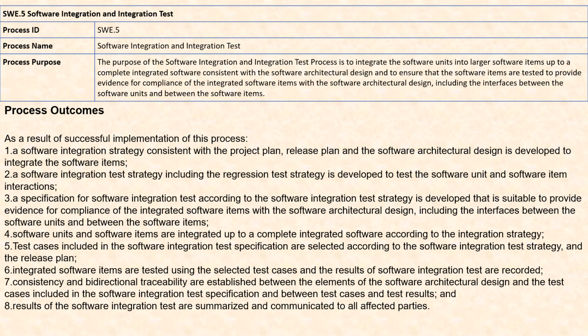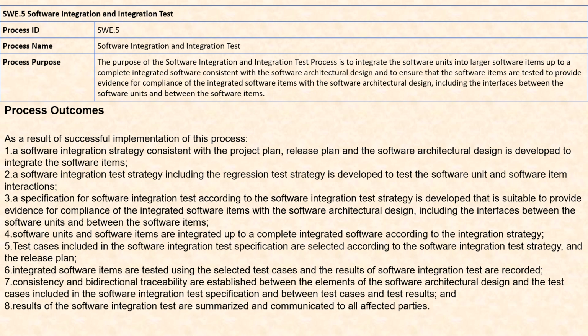Okay, now this is very important. You must have a specification according to which there is proper evidence that the integrated entity is complying with the specification. And this specification also includes the interfaces between the software units and between the software items.